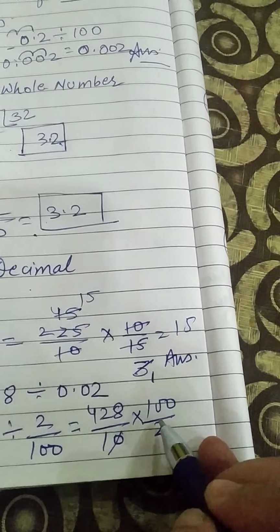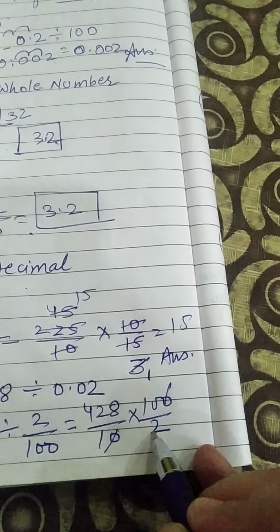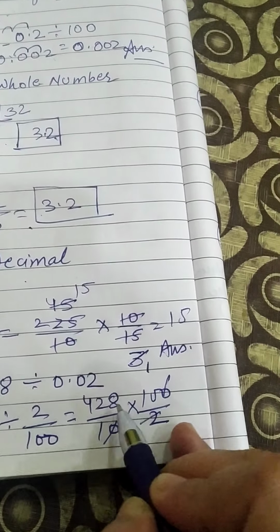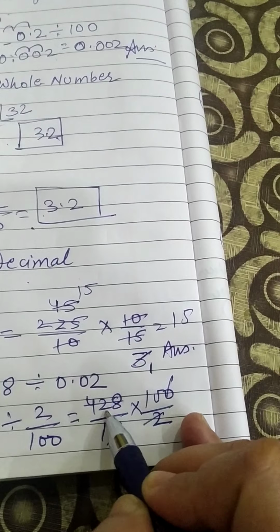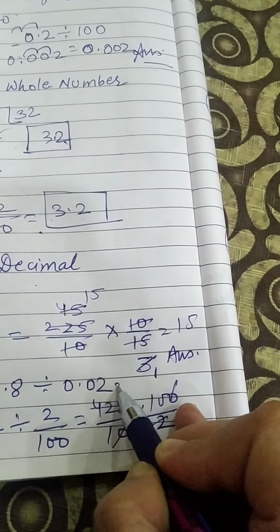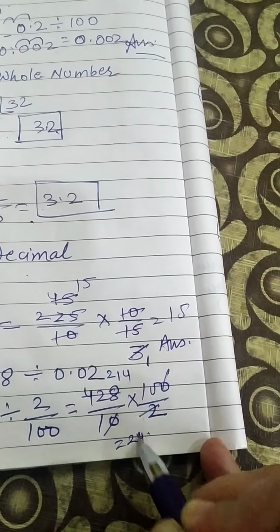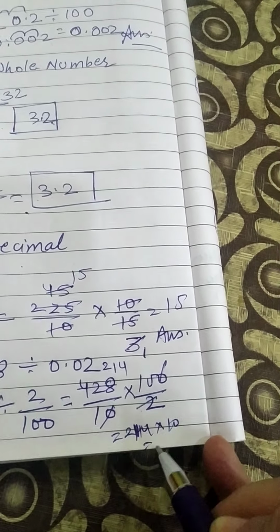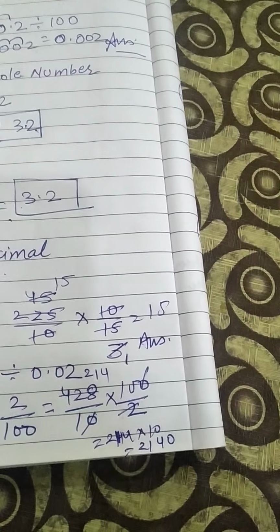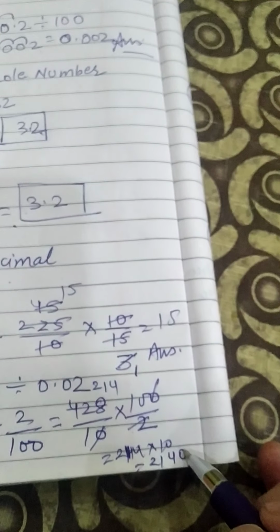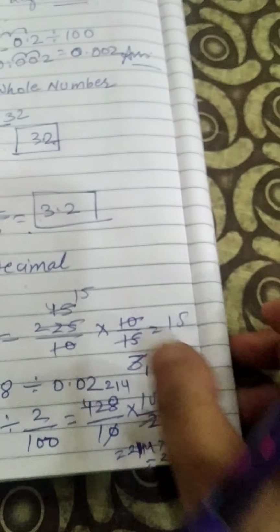So I can cut 0 by 0, then I can cut 2 into 2. Dividing 428 by 2, 2 2s are 4, 2 1s are 2, 2 4s are 8, so 214 into 10, which will give you 2140. So here the answer will be 2140.